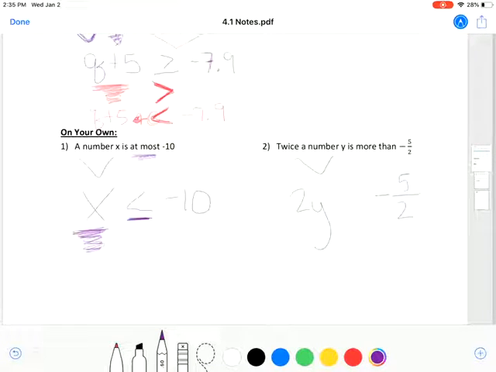So I know it has to be more than, and since it's greater, it's the bigger item, I want to make sure my little alligator mouth, or whatever analogy you're thinking of, is pointing to the greater item. And because it doesn't have an "or equal to," I'm not going to put that line underneath, because it does not include the 5/2. It has to be more than.